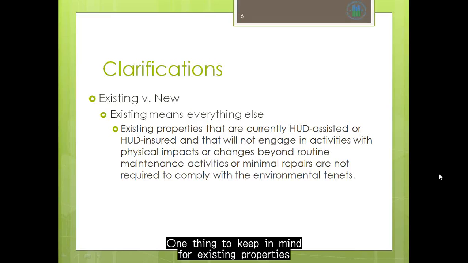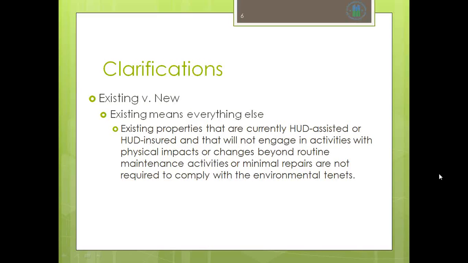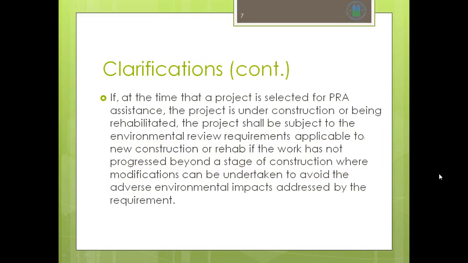One thing to keep in mind for existing properties is that they may meet an exception, which we'll also discuss a little bit later, from having to do any of the environmental tenets at all. And that exception is basically that it's an existing property that has no physical activities going on, so nothing beyond routine maintenance or minimal repairs, and is something that's already HUD assisted. Okay, next slide, please.